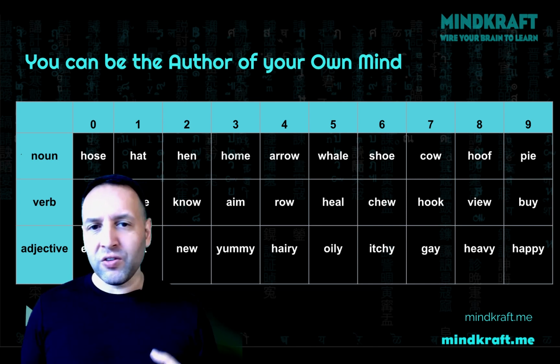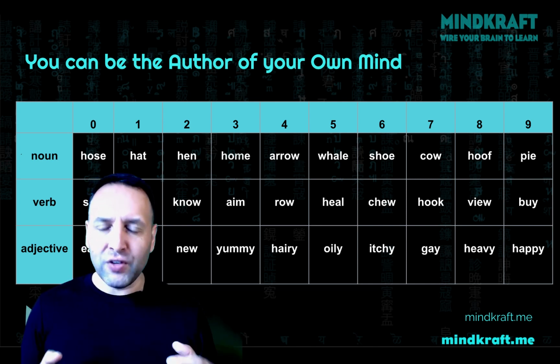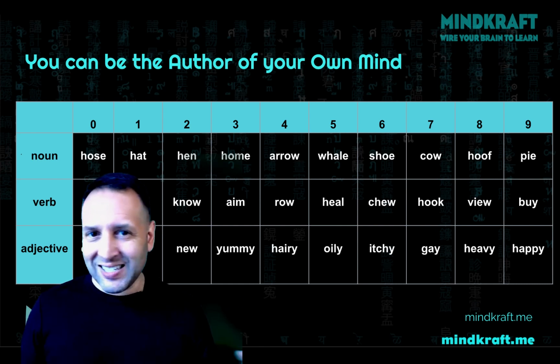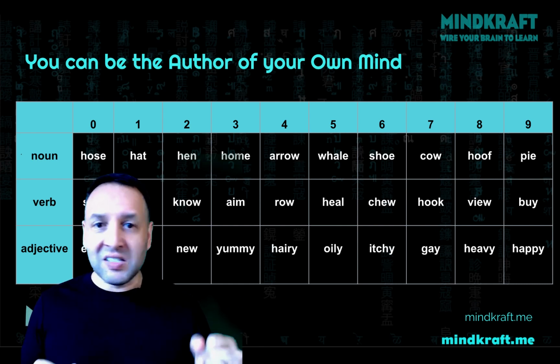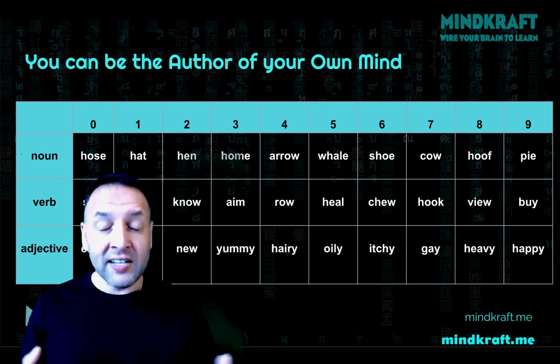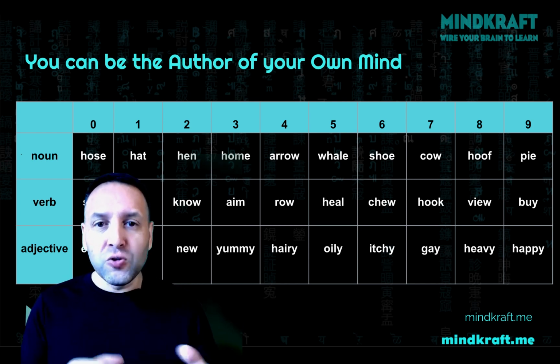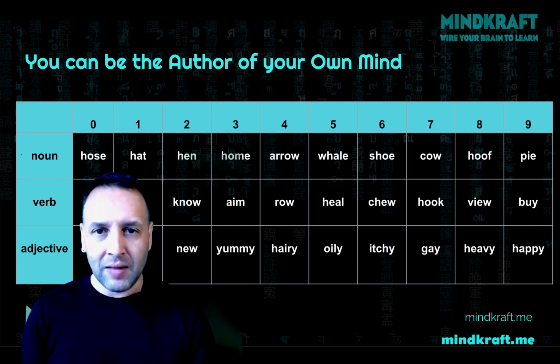So you can see whether it's nouns, verbs, adjectives, whatever, you can make different ones to make different sentences, different pictures up. Notice that W and H are not assigned, so you can use them in the words and they won't affect the actual number of that word.